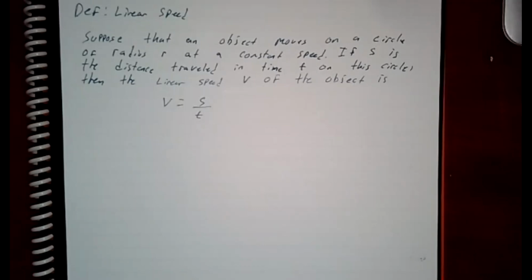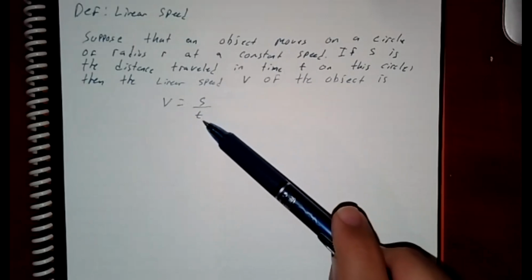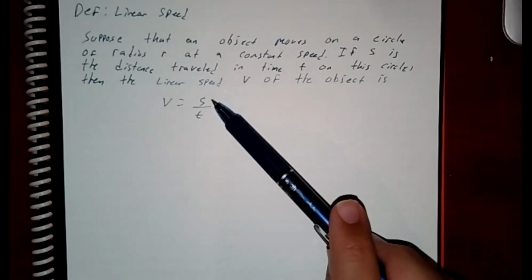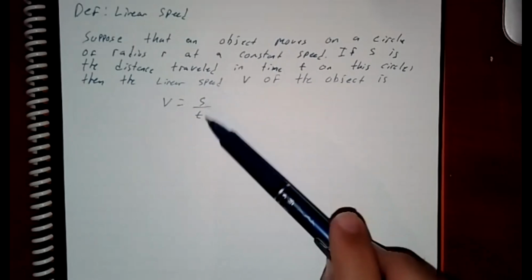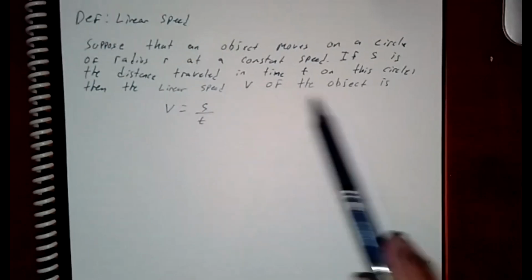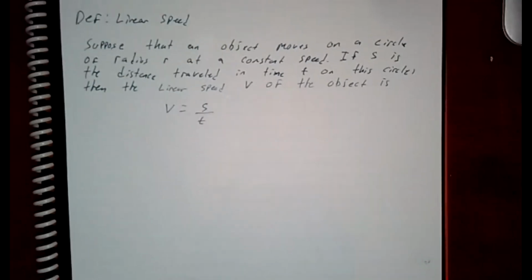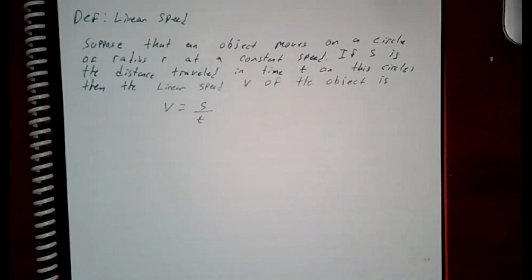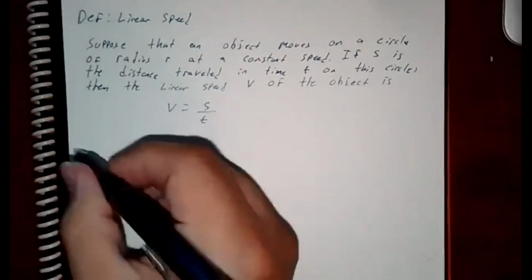So same deal here. You have some distance per some time. So this could be 10 meters per second or whatever. You just need to remember that this is around and around a circle. Or picture a tire spinning. What's the speed of that tire? It'll be this. Some point on the tire, I should say.